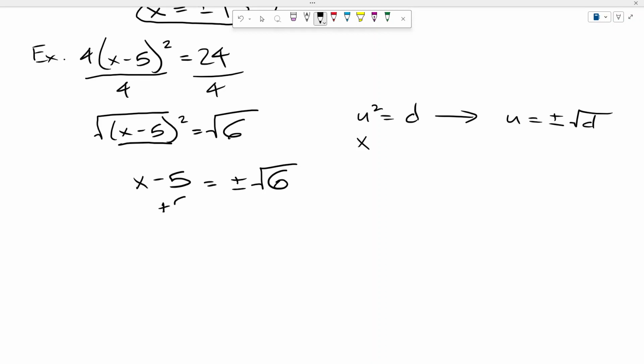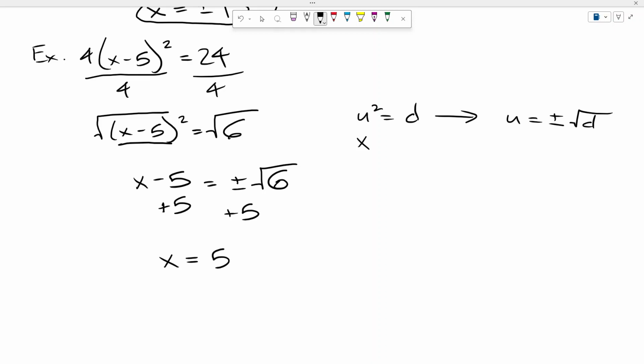And then all we have left is to add the 5. So we have x equals, and be careful here, don't get tempted to add the 5 to the 6 to make it square root of 11. It's not being added anywhere to the 6. The square root of 6 is a separate thing. We're not directly adding it to that.